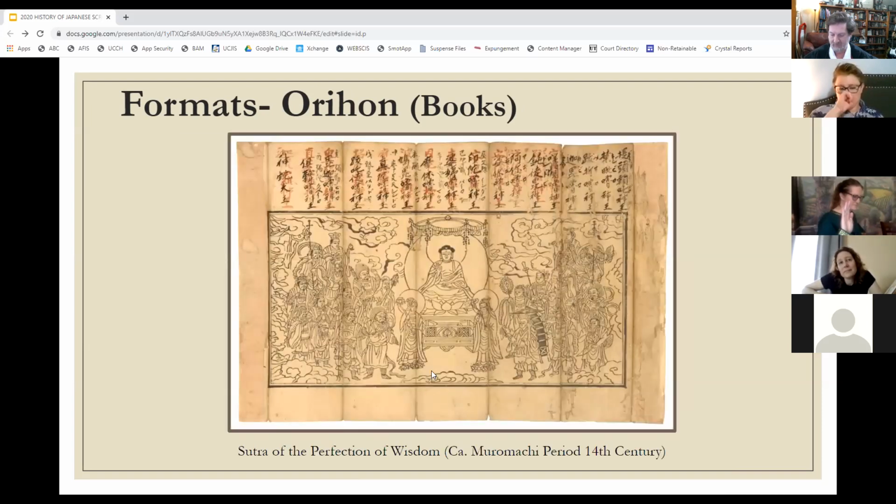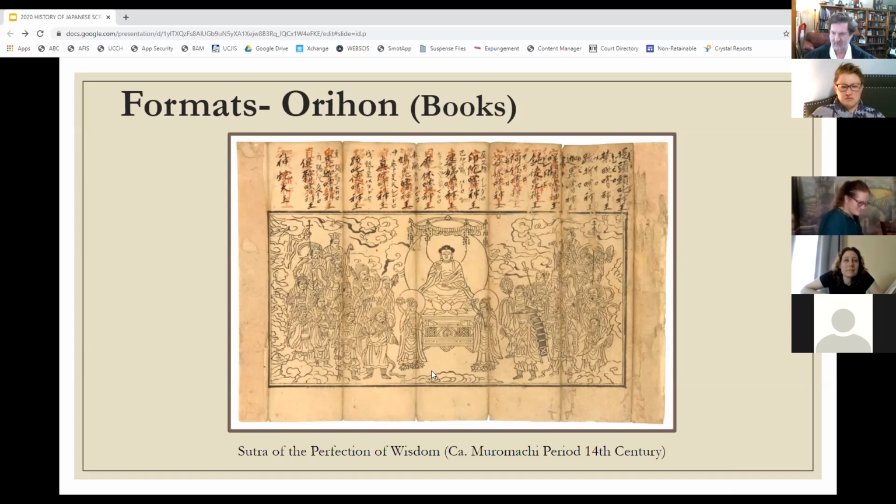Now, this I want to talk about a little bit in depth. This is a sutra of perfect wisdom. This is actually a woodblock print. A lot of people will say woodblock prints aren't period. They are. However, ukiyo-e is not period. That's a specific style to the Edo period. So keep that in mind.